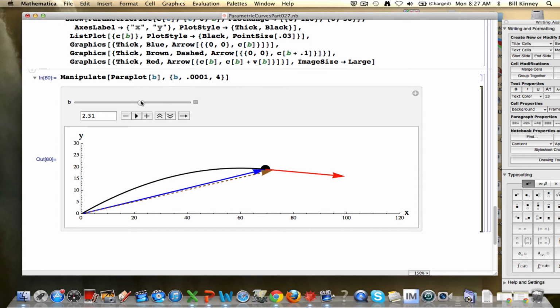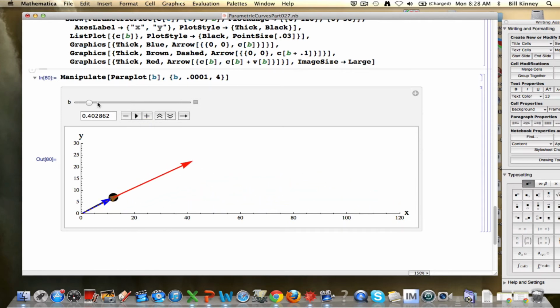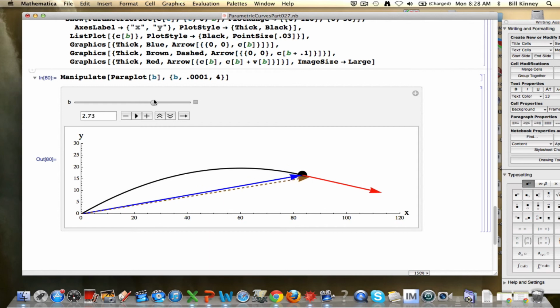So now we're looking at the blue vector, which is the position vector at time B, and another position vector at time B plus 0.1. And this fact that the velocity vector almost points in the direction between the tip of the position vector at time B and the tip at time B plus 0.5 is an even more accurate approximation in this case.